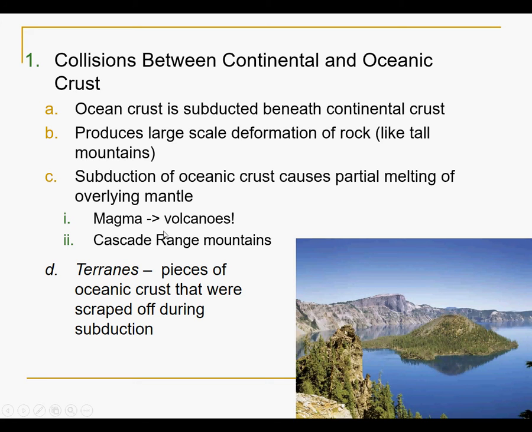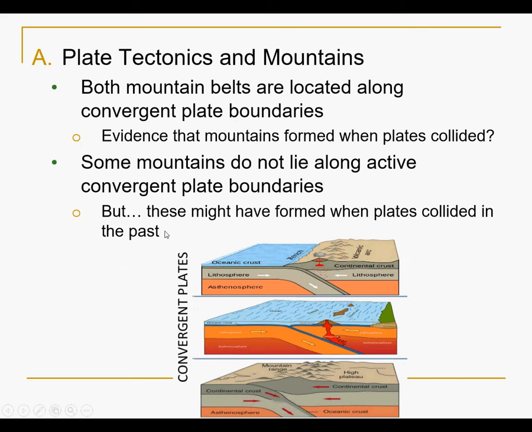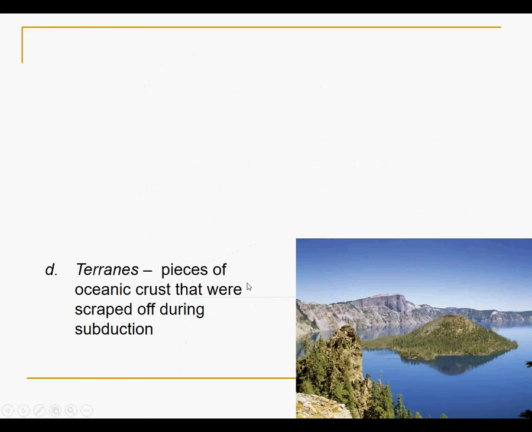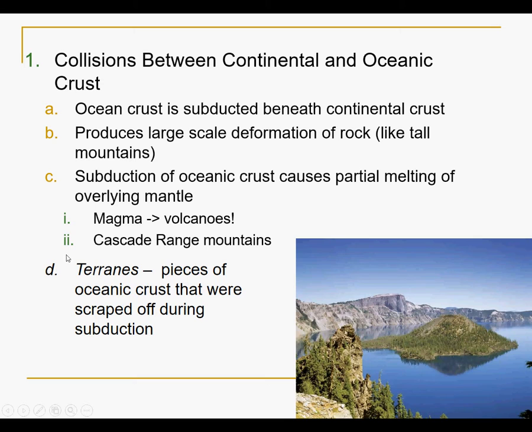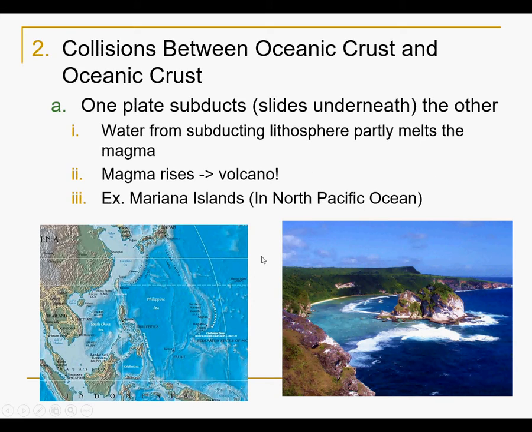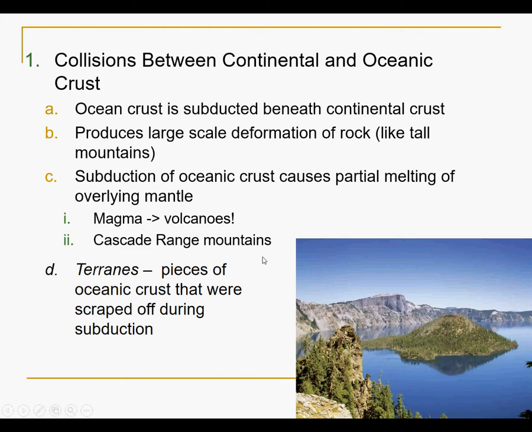But every once in a while, a chunk of this ocean crust gets caught. And we call that microplate terrains or terranes. And basically, this piece just rides up. It just doesn't quite get the idea that it should go under.